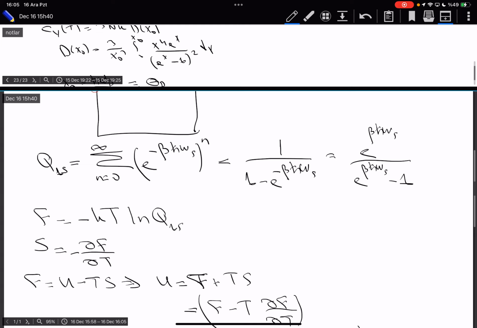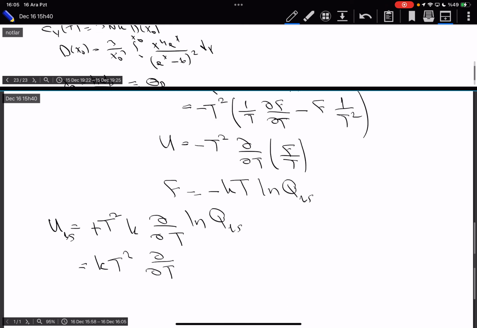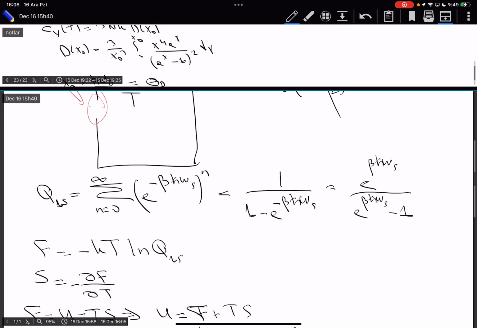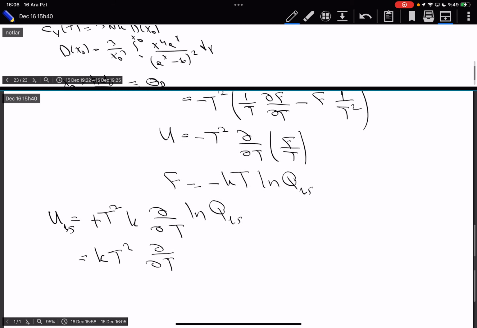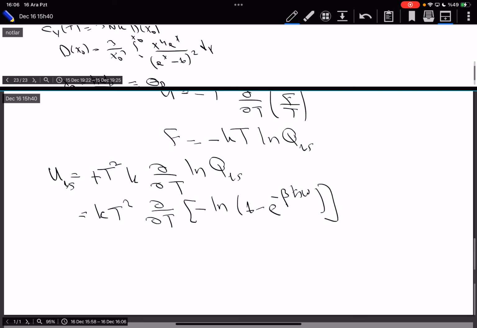The logarithm of Q1S will be beta h bar omega S, minus the logarithm of 1 minus e to the power minus beta h bar omega. Let me take the derivative.